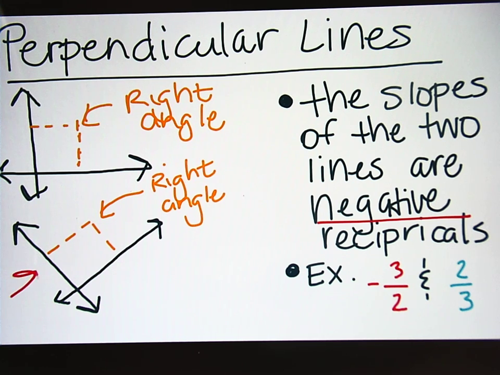This line here has a slope of negative 3/2. For this line, since we're dealing with a perpendicular line, you flip the 3/2 and it becomes 2/3. And now the sign is the opposite, which makes the slope of this line 2/3.